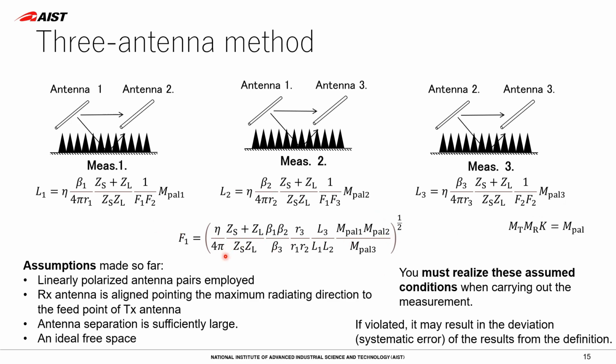The other antenna factors can be expressed in the same form. This is valid assuming these conditions. Accordingly, the realization of the definition means satisfying these conditions. When any of them is violated, it results in a systematic error in the measurement.